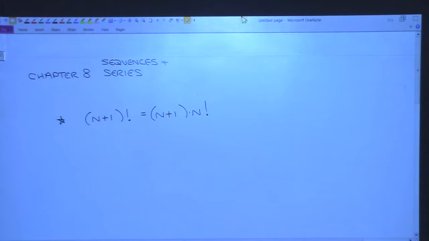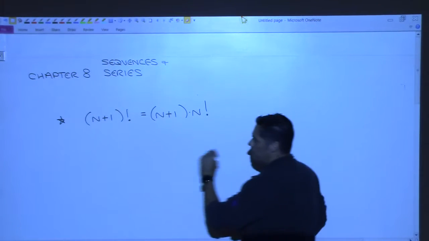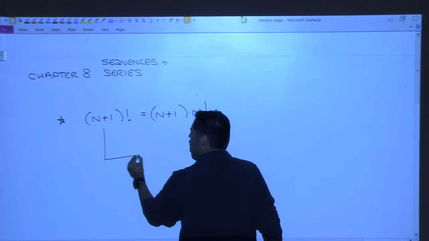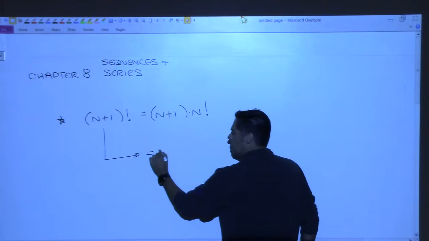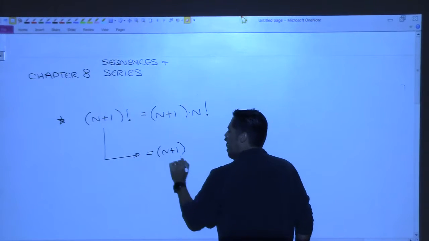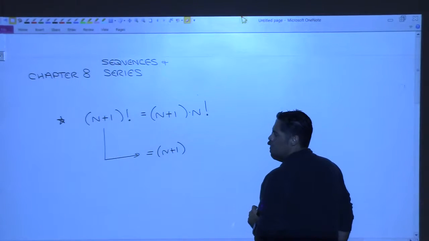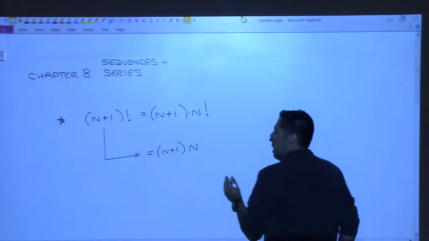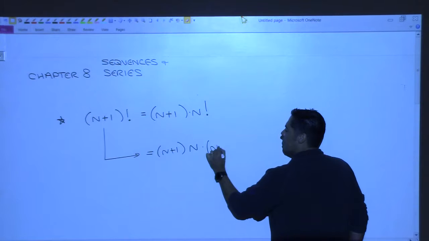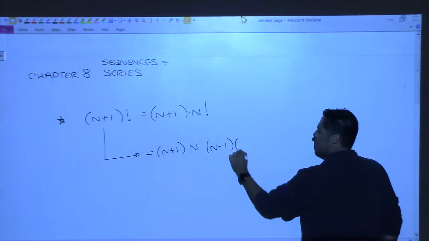And let's just see if you can make sense out of it. What is the definition of n plus 1 factorial? You start out by multiplying n plus 1, right? And then what comes after that? You take away 1 from it, right? So what's next? N. And then what's after that? Take 1 away again, n minus 1. And then take 1 away again.